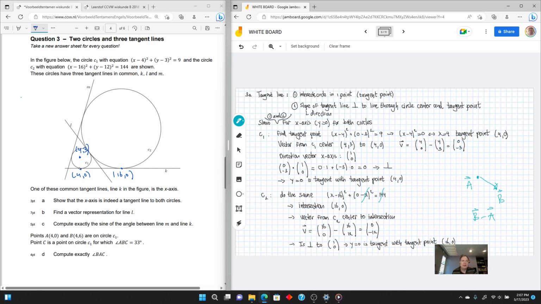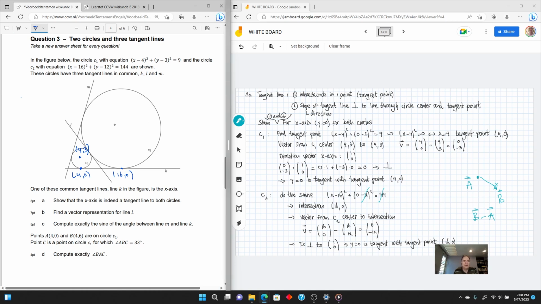And what's the direction of the x-axis? Well, of course, it's 1, 0. And take the inner product between the two, you find it's 0. So you've proven the two things. One, this line y is 0 is intersecting in one point, and the direction vector of this line is perpendicular to the radius of the circle.